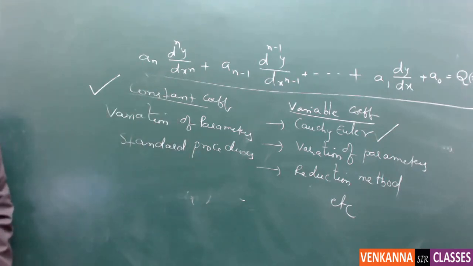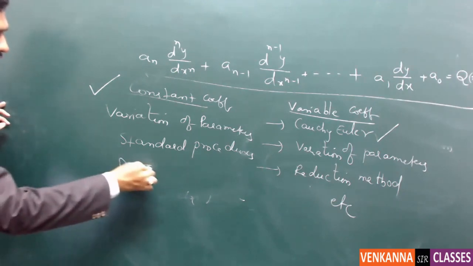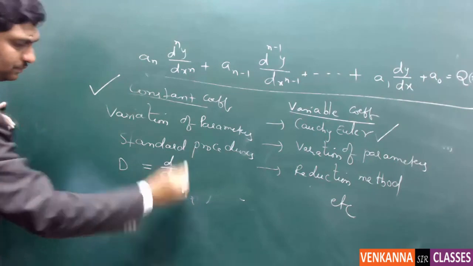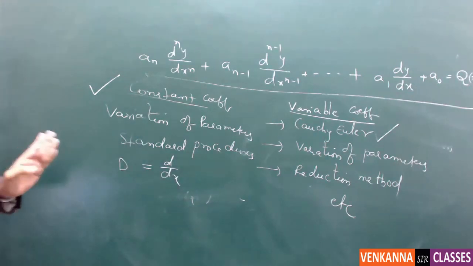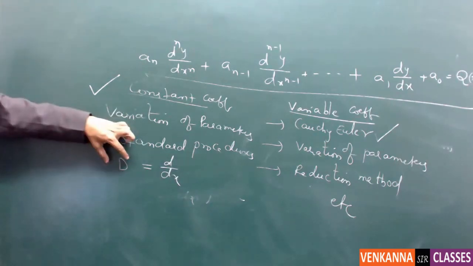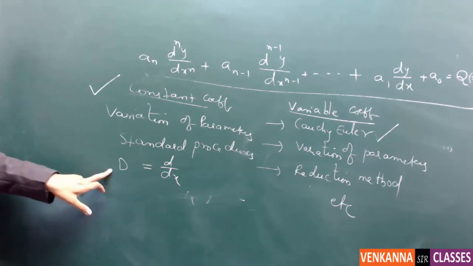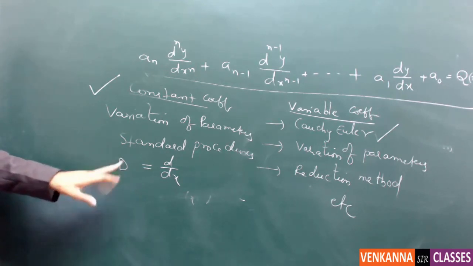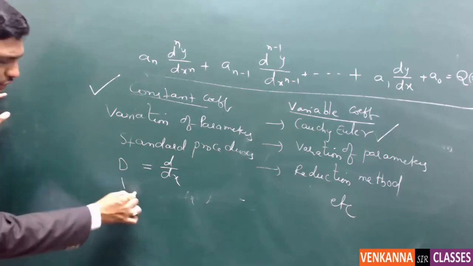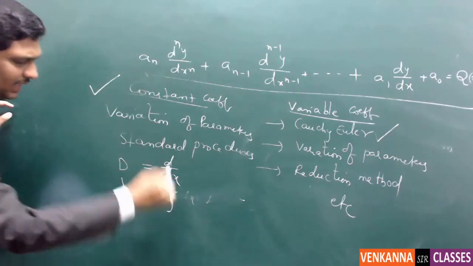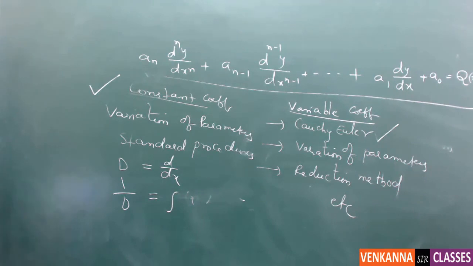So from here onwards, apart from writing dy by dx, we simply use the symbol D for d by dx. It varies from textbook to textbook. So usually D stands for the differential symbol d by dx. We call it a differential operator. For integration, we use 1 by D, nothing but the integration operator.